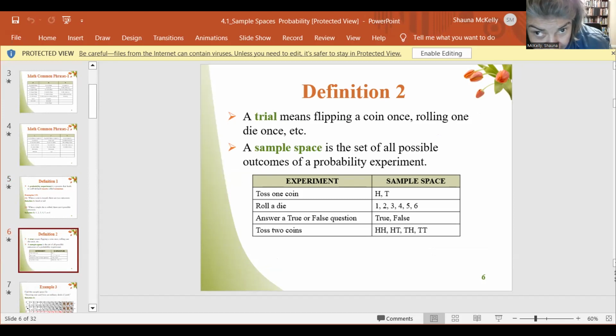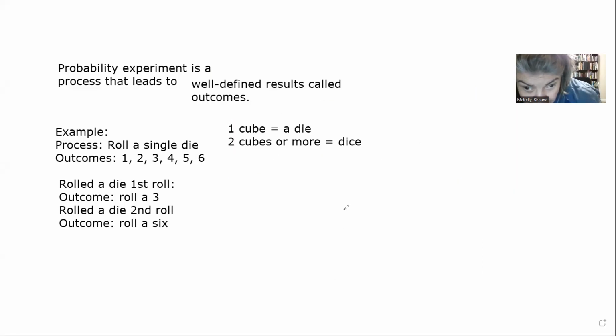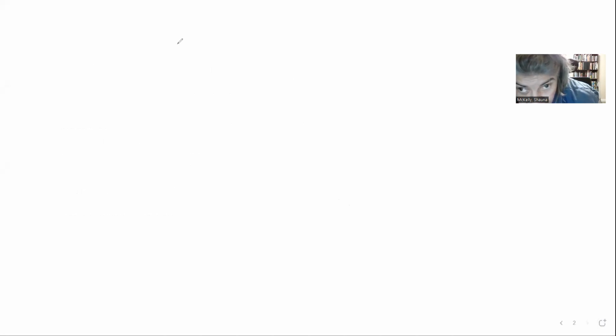I could roll a die a bunch of times. We're trying to distinguish between the outcome that you actually get and the outcomes that are possible to get.